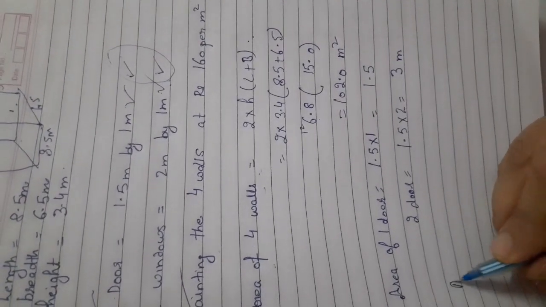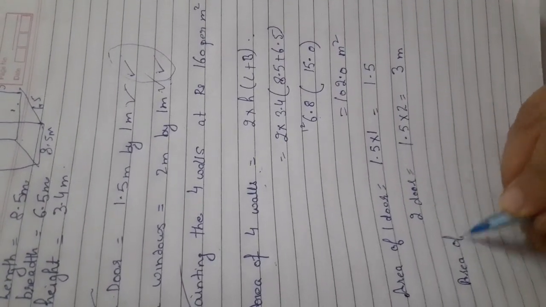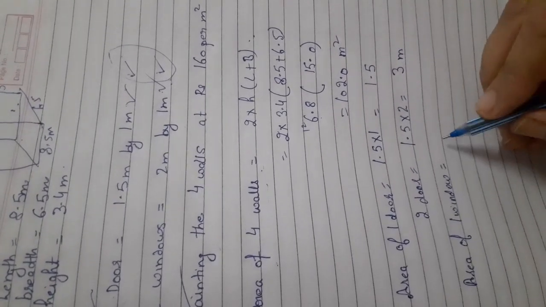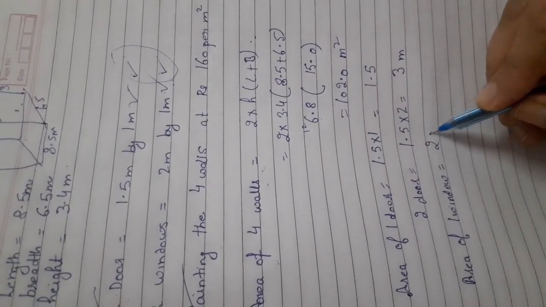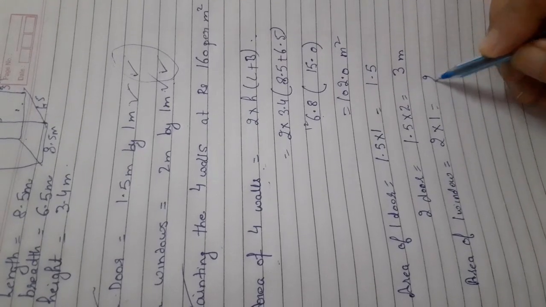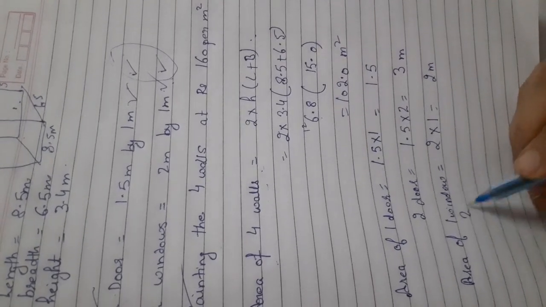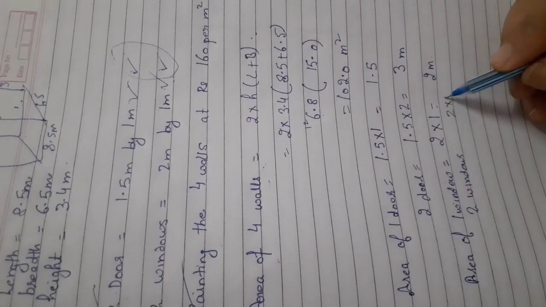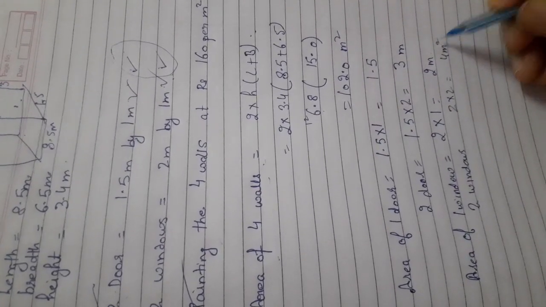Now I will take out the area of one window, which is length into breadth, because they are rectangular in shape. 2 into 1 is 2 meters square, and because there are 2 windows, 2 multiplied by 2 is 4 meters square.